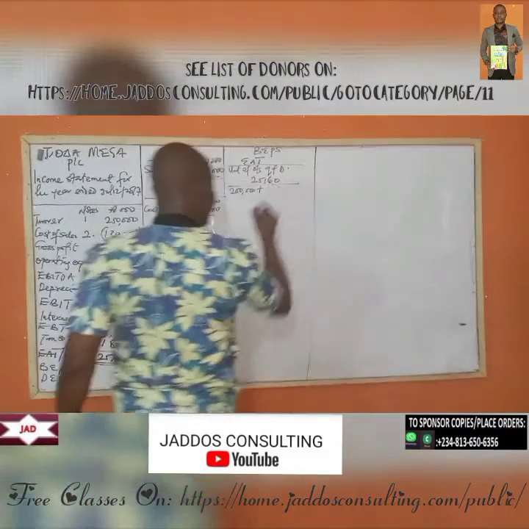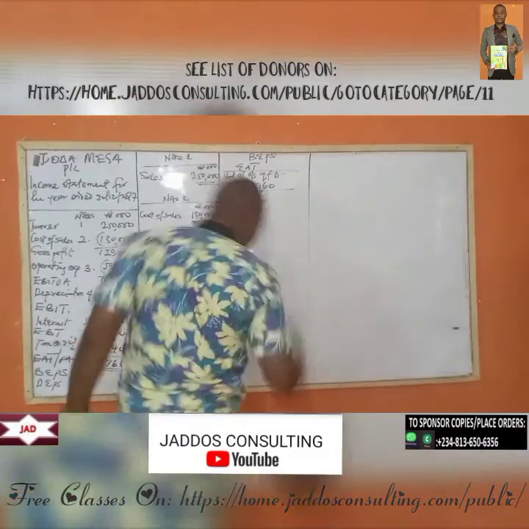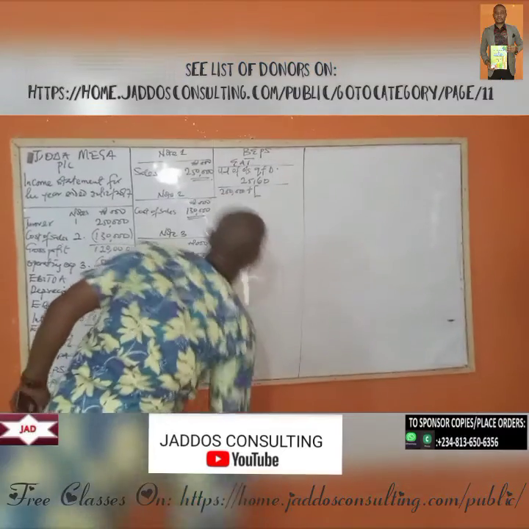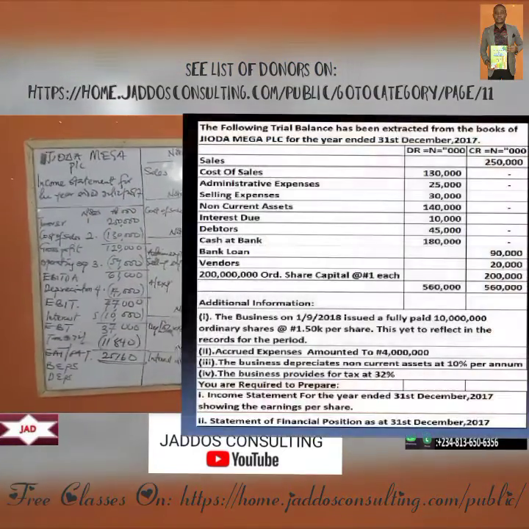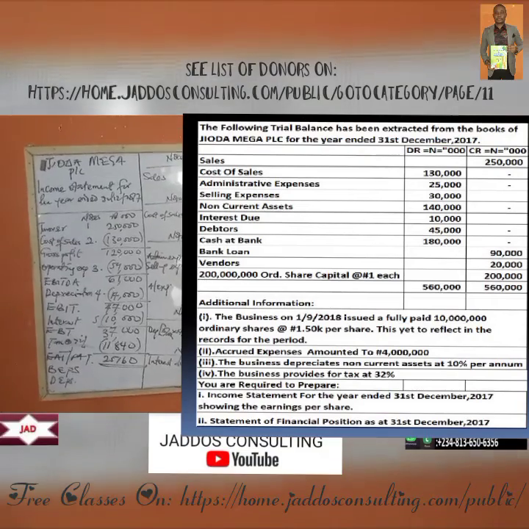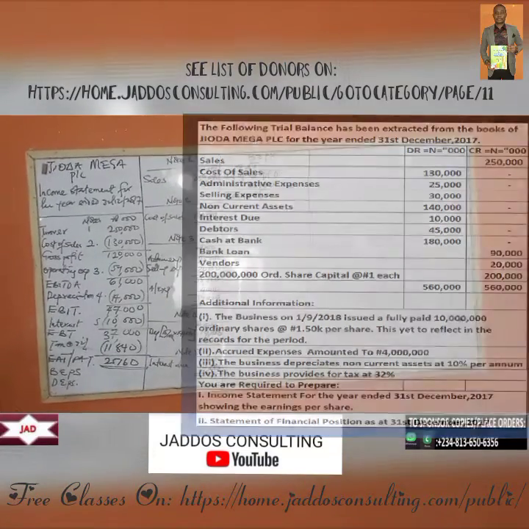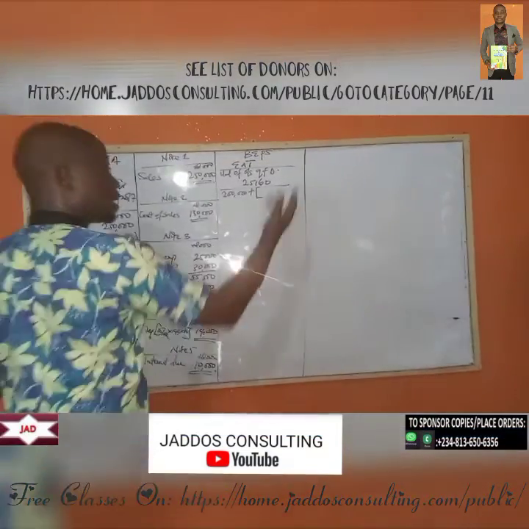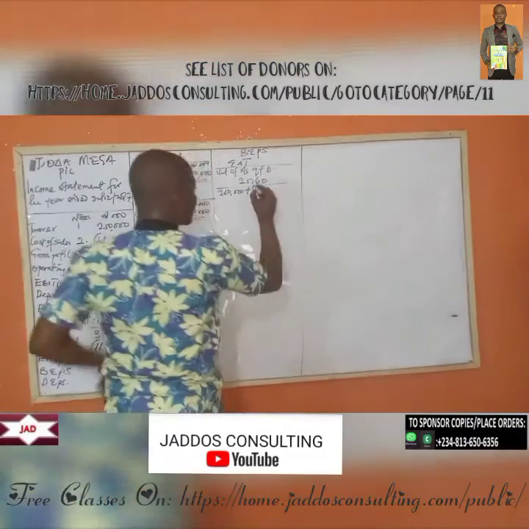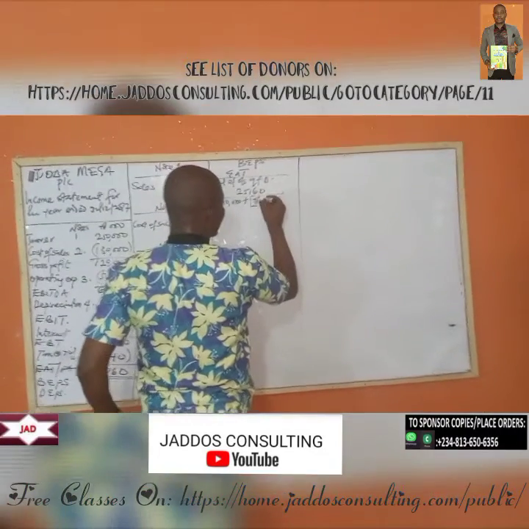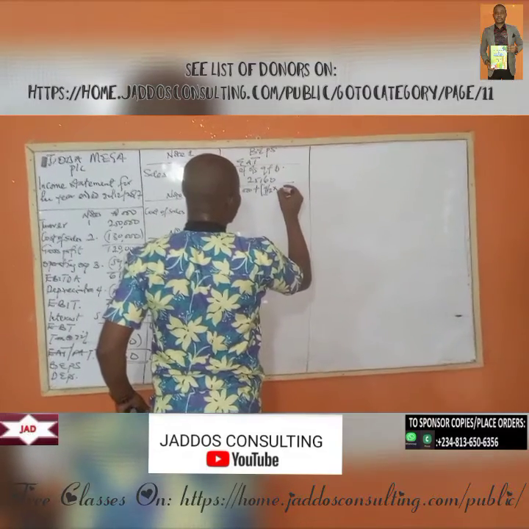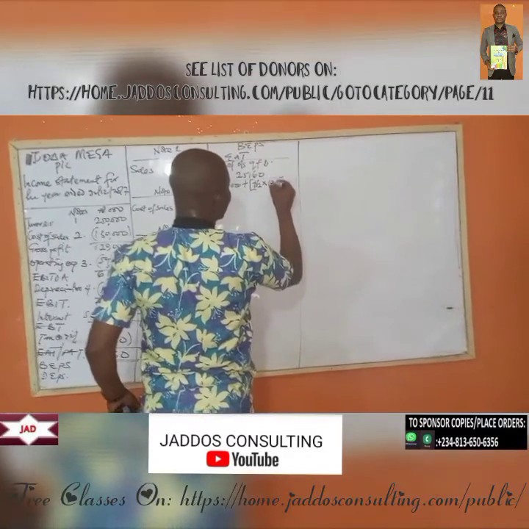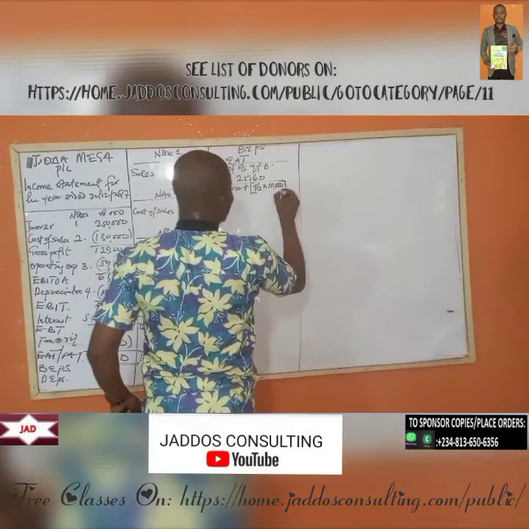Okay. What do you have now? The share issue, we have 10 million there. Okay, 10 million shares issued when? September. That will be September, October, November, December. That's 4 months. Plus 4 divided by 12, right? Times 10 million, which is 10,000 here.